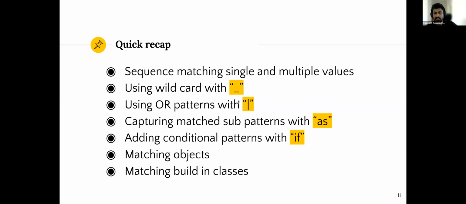We have worked with single and multiple values, and we have used wildcards, OR patterns, as, and the if guard to match patterns, and we have used objects and built-in classes. So it's a lot of features for one talk, but it's interesting. That's why I took all the features here.